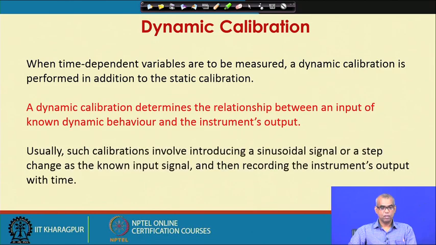Usually, dynamic calibrations involve introducing a sinusoidal signal or a step change as the known input signal and then recording the instrument's output with time.